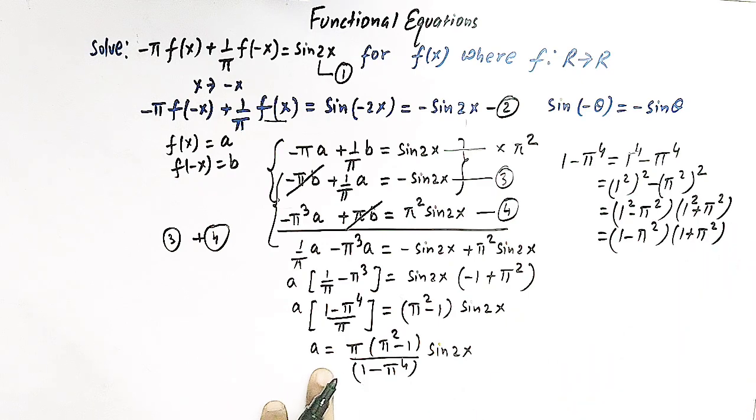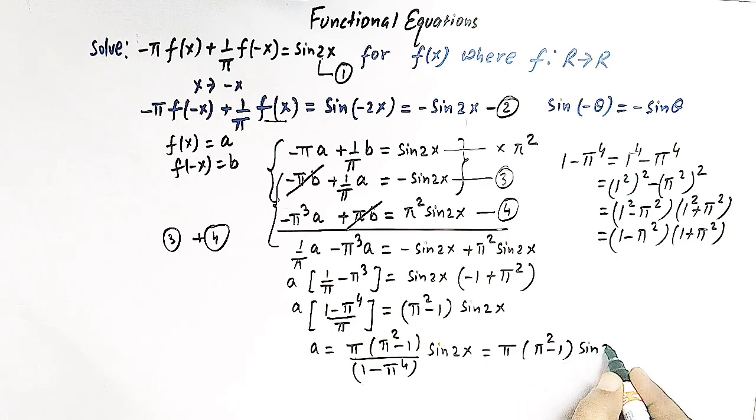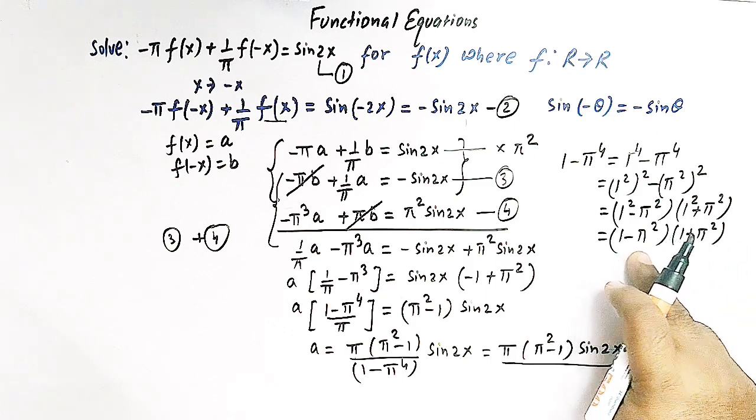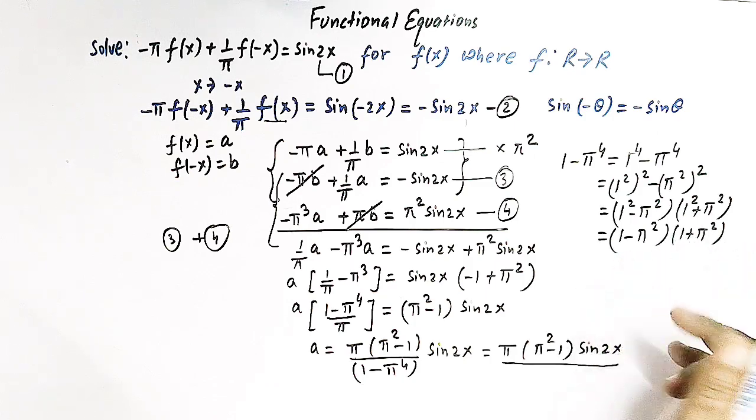So from this equation we can write pi square minus 1 sine 2x, and in the denominator we have 1 minus pi raised to 4, which can be replaced by this expression.